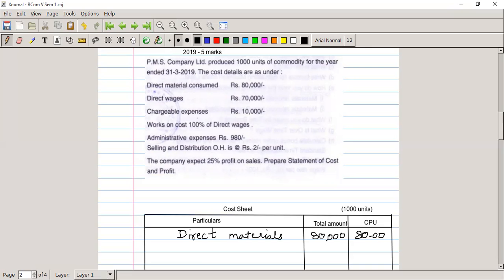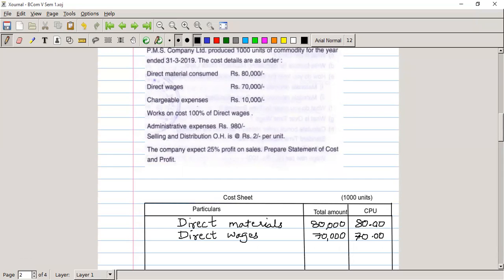And the next point is direct wages, according to the format of cost sheet. It's given here as 70,000 rupees, and we divide it by 1,000 units, it comes to 70 rupees. There is one more expense given here, that is chargeable expenses, which means direct expenses.